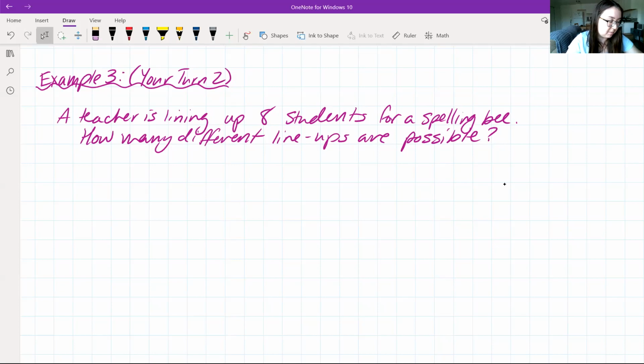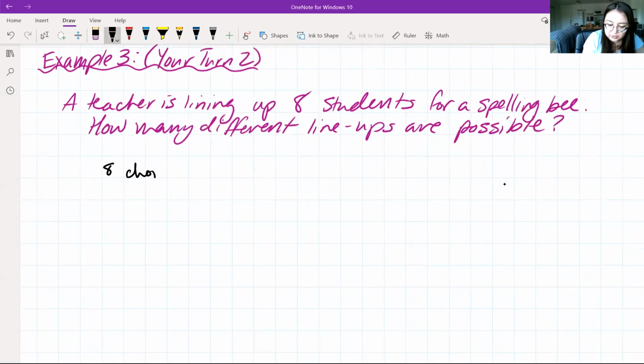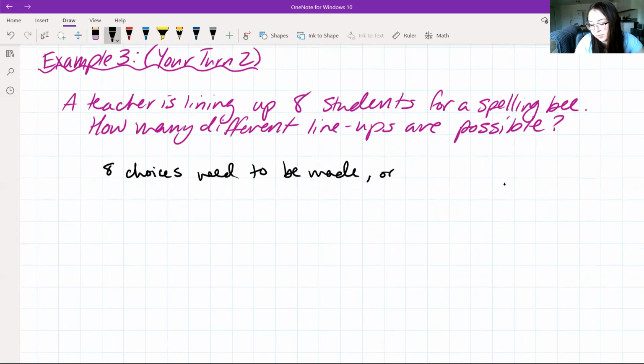So this means that 8 choices need to be made, or that we need to fill 8 slots. Because there's 8 students, we're lining them all up, so there's going to be 8 spots.